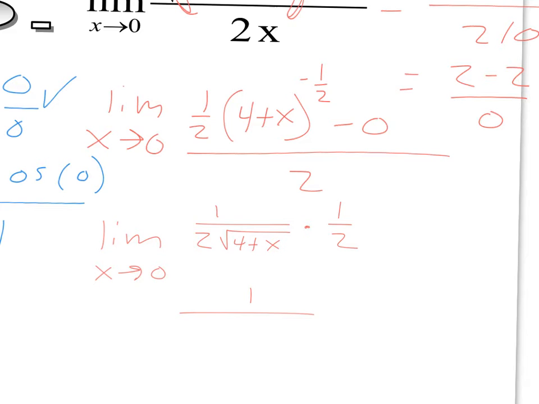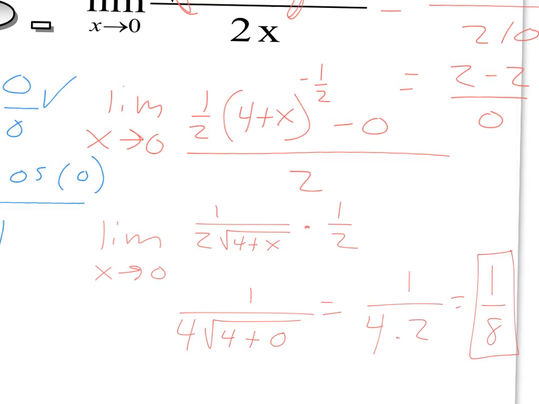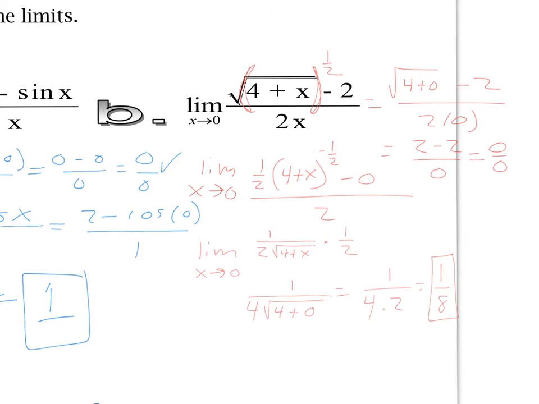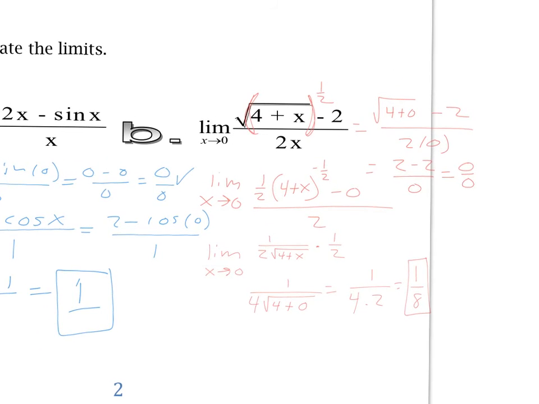That would be 4 times the square root of 4 plus 0. So that's 1 over 4 times the square root of 4, which is 2. So this is 4 times 2, and this whole thing ends up being 1/8. That is a fun problem. Pretty interesting. We were able to take a pretty complex limit problem, use L'Hopital's, and it's pretty simple.